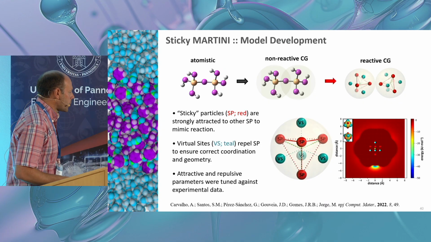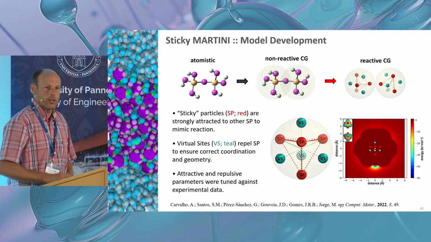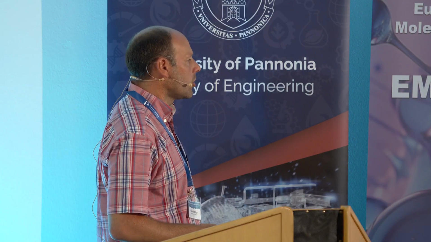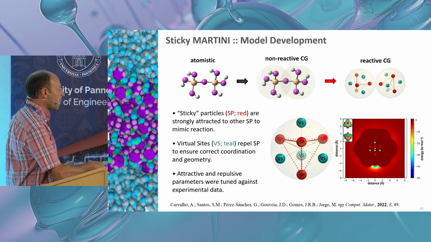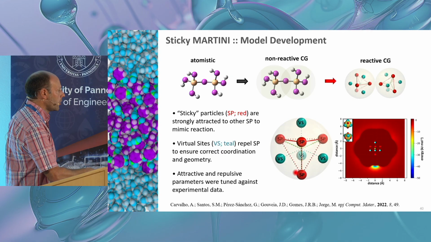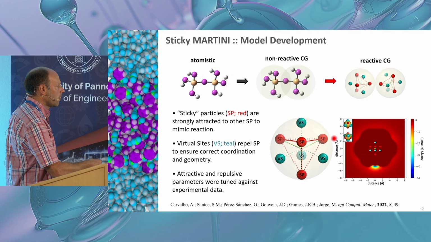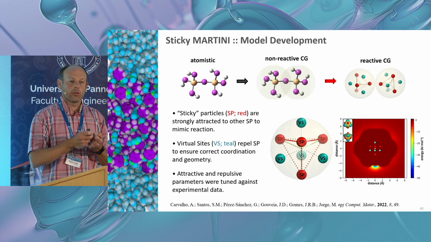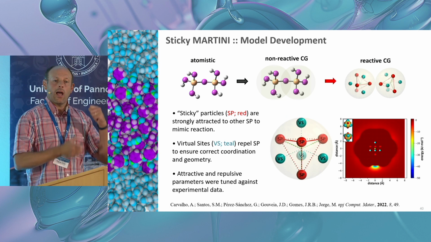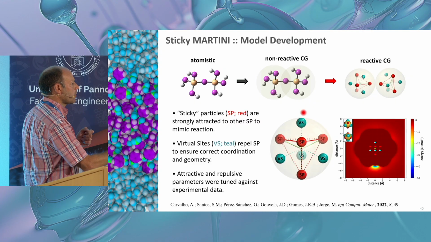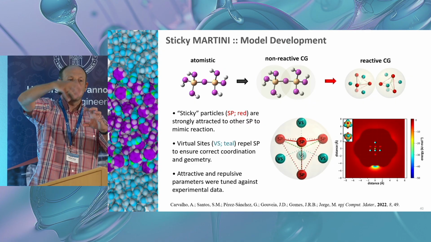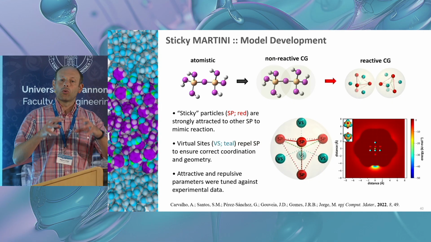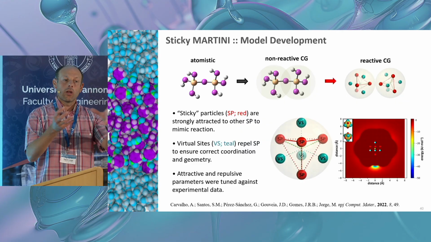We have a student working on this, André, for several years, essentially his whole PhD, and he managed to come up with a rather ingenious approach where we add sticky particles. This is a silica monomer, the gray sphere, and we add sticky particles at the 4 tetrahedral positions of oxygens where the reaction is likely to take place. We then counteract that with repulsive virtual sites to prevent non-tetrahedral arrangements from occurring, because they don't occur experimentally, and also to keep the reaction order, the coordination number, in check.